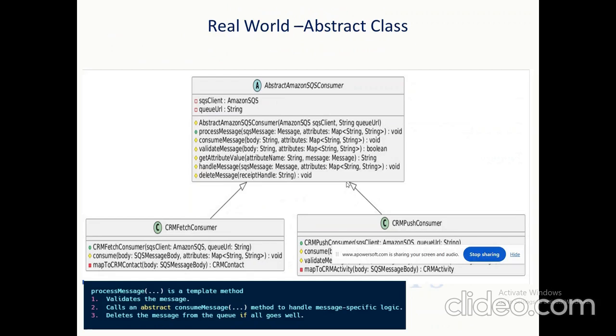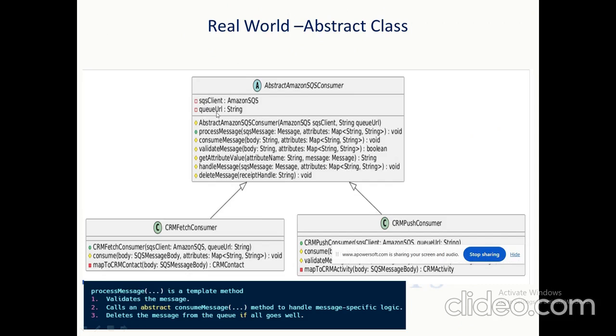Now we take a case of a class called AbstractAmazonSQSConsumer, which is at the top of this hierarchy. The CRM fetch consumer and CRM push consumer are classes which inherit from this base class. The base class defines the high level flow for processing an SQS message.